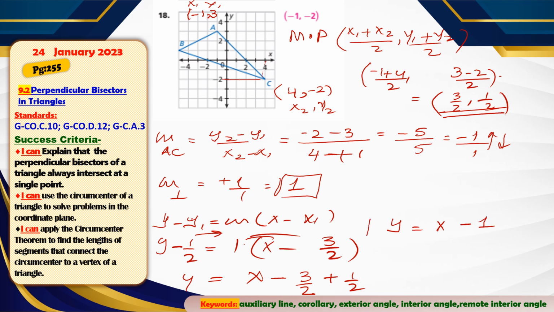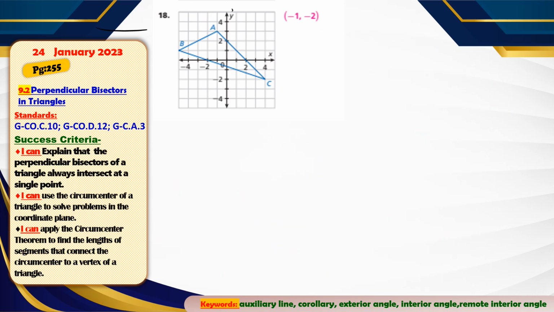So we have the two equations: y equals x minus 1, and one equation before, y equals negative 2x minus 4. So carry on and find the equations of the perpendicular bisectors, then find the circumcenter.